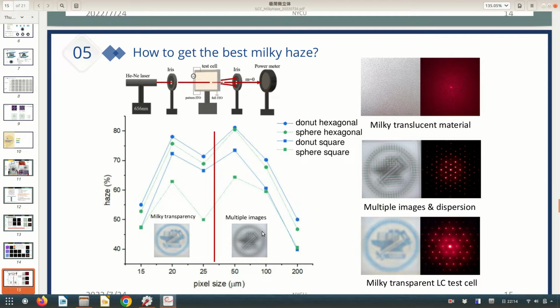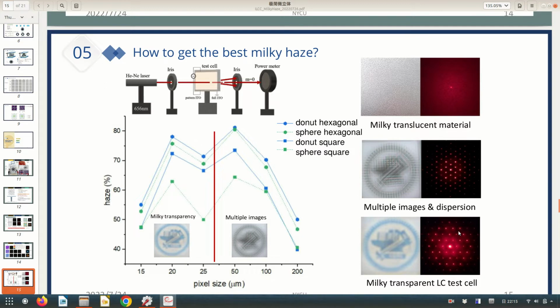So now we suggest that maybe we should add another analysis to it. We can do the Fourier transform analysis, the spatial spectral analysis. If the defects are regularly distributed, we see very sharp diffraction patterns right here, and usually it gives strong multiple images and dispersion.